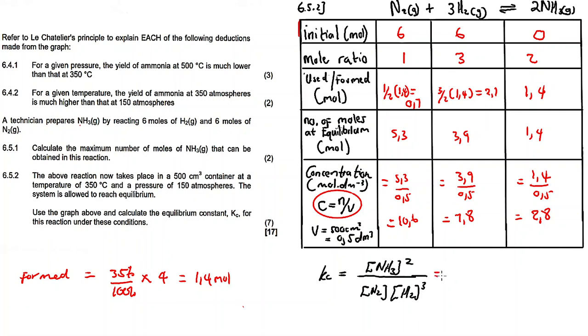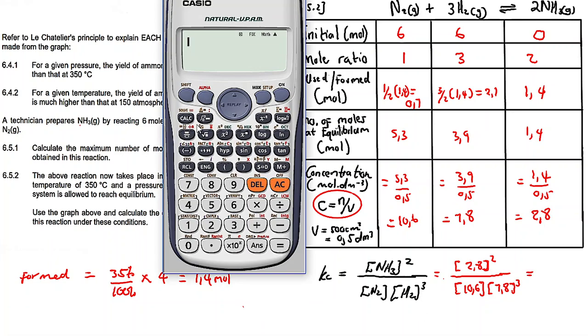So this is equal to the concentration of ammonia, 2,8 squared, divided by nitrogen 10,6 times hydrogen 7,8 cubed.